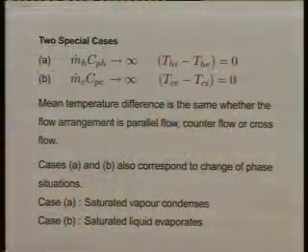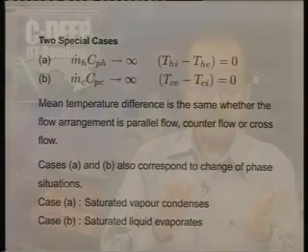Now, if you were to calculate the mean temperature difference for these 2 cases, that is either A or B, what you will find is the value of the mean temperature difference will be the same, whether the arrangement is parallel flow, counter flow or cross flow, any of the cases of cross flow.